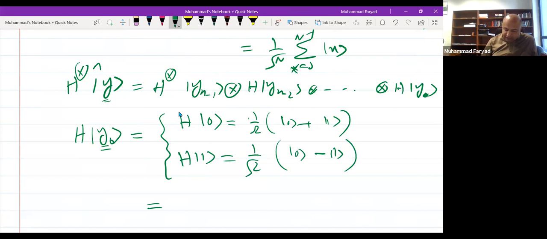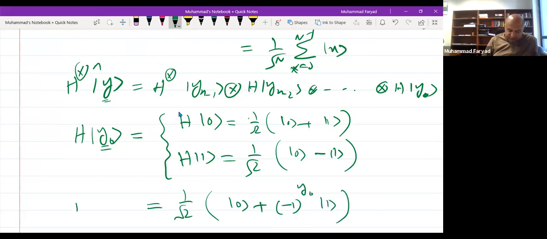So I can write both of these outputs in a general form like this: 1 over square root 2 of 0 ket plus minus 1 raised to power y naught into 1 ket. Now if y naught is 0, I will get the first state. If y naught is 1, I will get the second state.